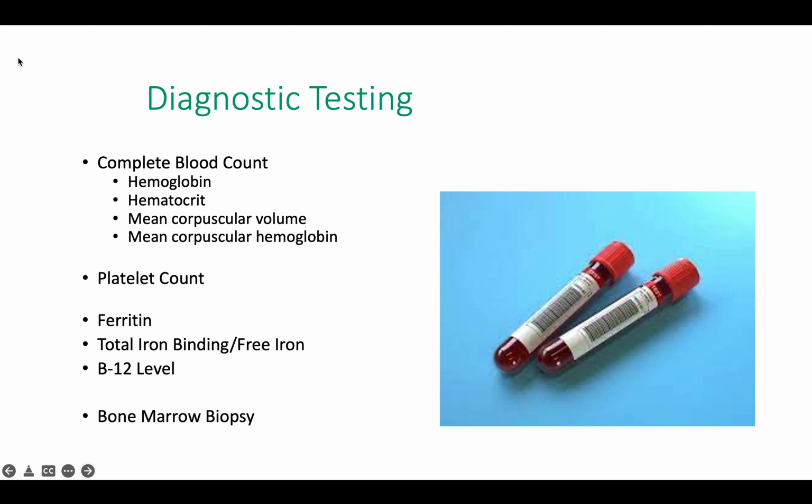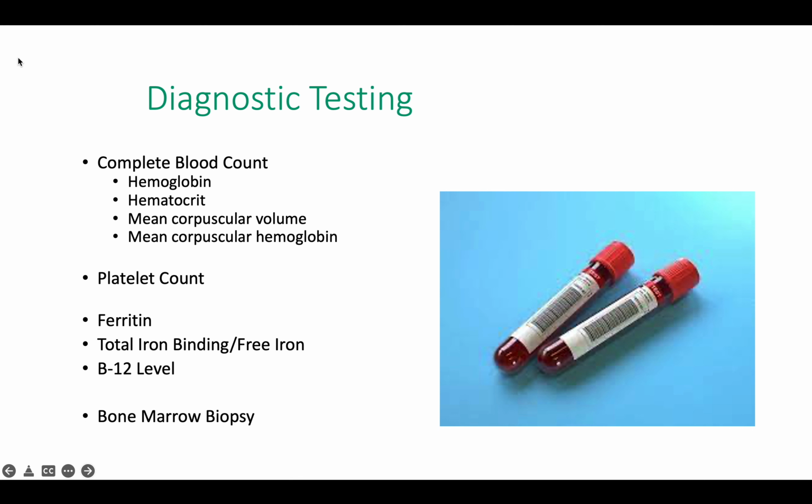If we're still not getting answers and we're concerned with maybe the size of the cells, or we have some abnormality in all three areas, the red cells, the platelets, the white cells, we may look at a bone marrow biopsy to determine and diagnose any type of cancers or any type of aplastic anemia on a deeper cellular level.